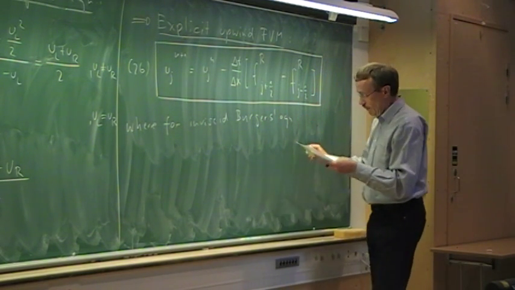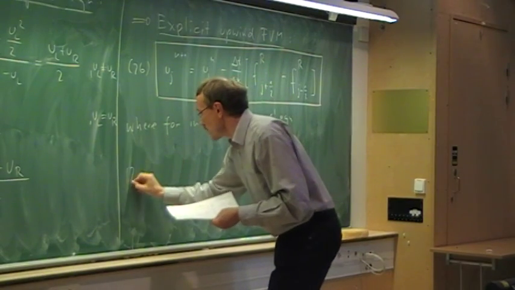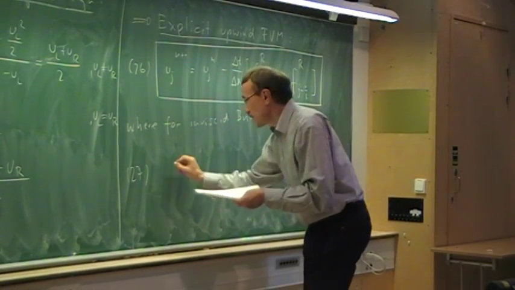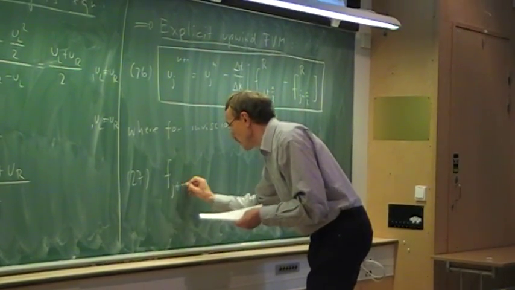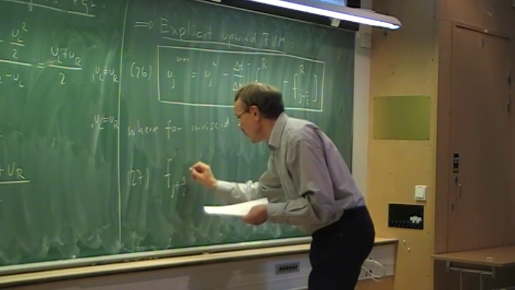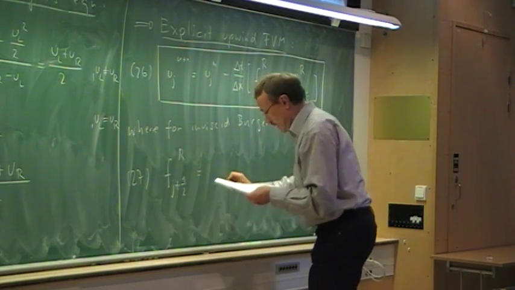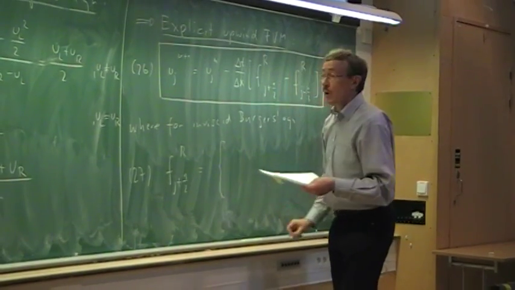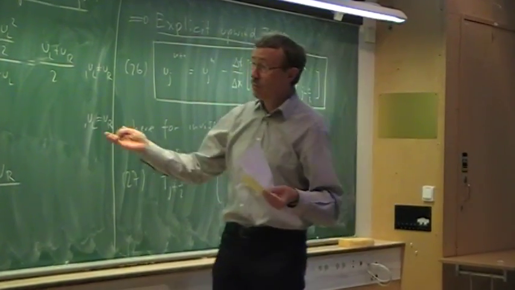We have the numerical fluxes from the Upwind method. Again, we look only at j plus 1/2, and we just take what we have learned here.